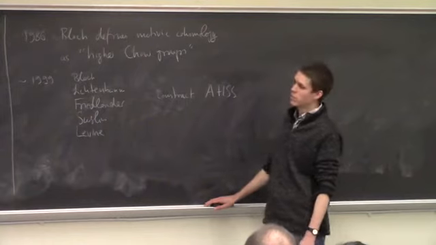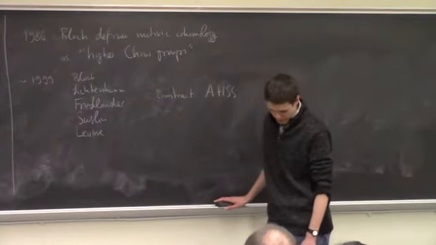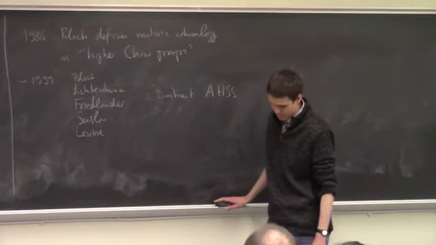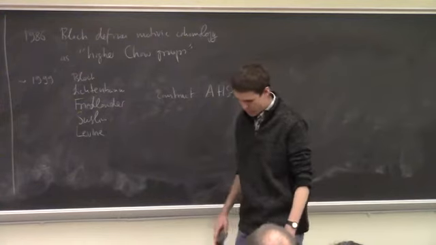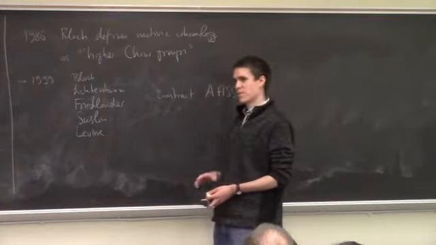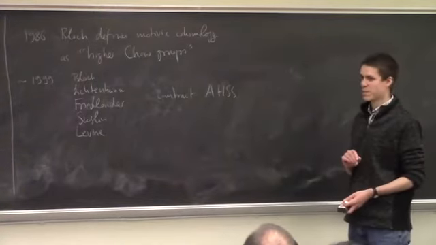No, definitely not. Yeah, sorry. The only thing that comes to mind now is the Bloch-Kato conjecture. I know there are more elementary things that just don't come to mind right now.